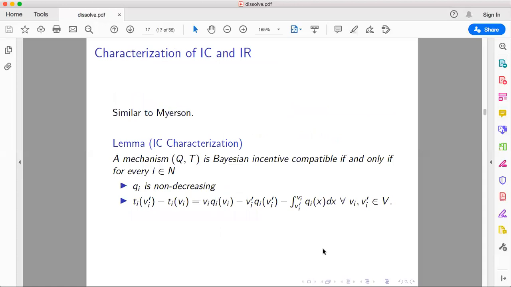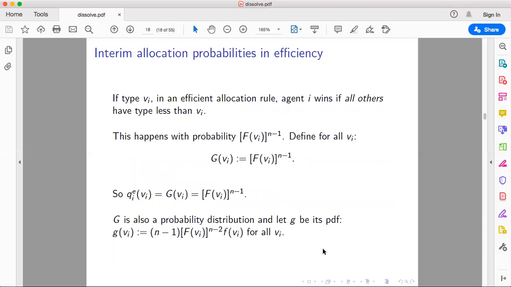So we start from there. And then we observe that because we are using the efficient allocation rule, the interim allocation probabilities can be defined very particularly. In particular, the interim allocation probability of an agent i, which has a value v_i, is F(v_i) to the power n minus 1. Okay, which we denote as capital G(v_i).